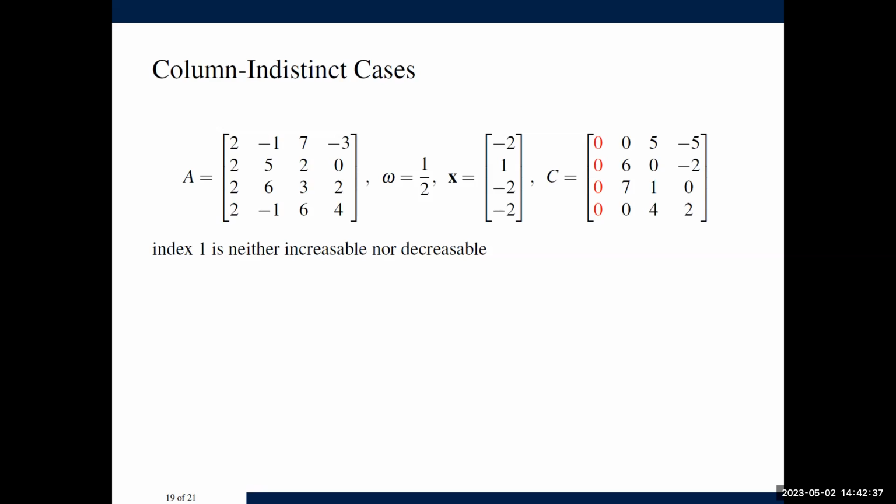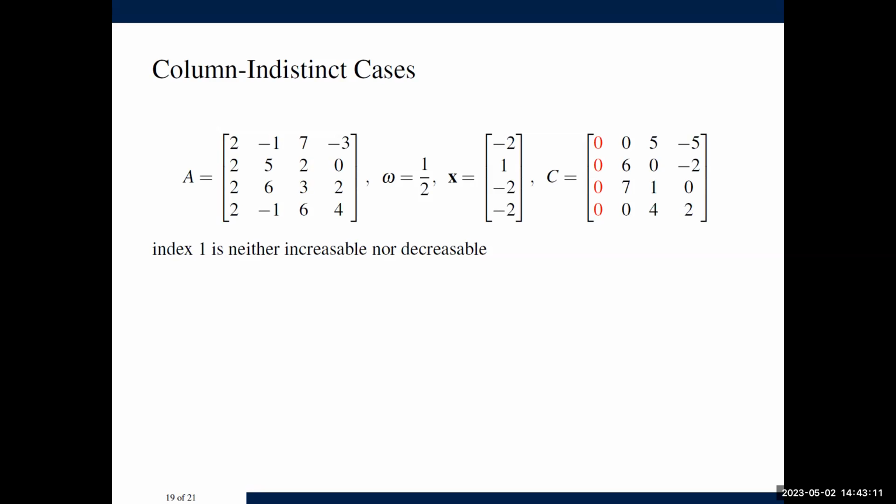Because we want to ensure that in each row, when we modify the element of x, there is at least 1 zero element, and the zero element must be the second smallest element because we choose omega to be a half. Now, when we have this one to be positive in the first column, then if we look at the last row, 0 is not the second smallest element again. That's why we cannot increase.